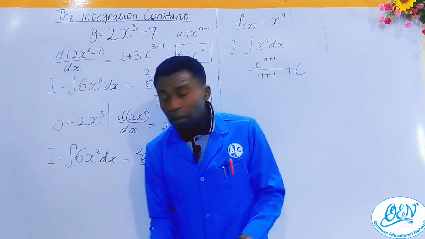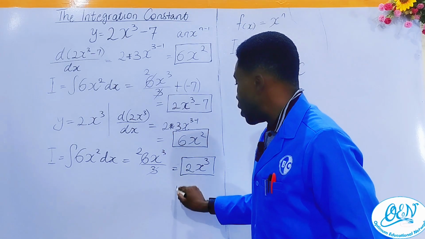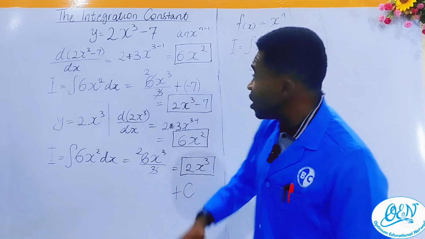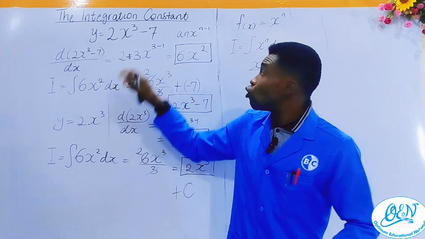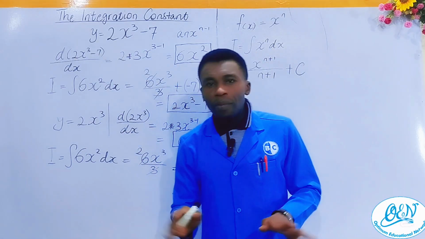So to avoid any problem, we simply add a c, in recognition of whatever constant may have been in the original function that we do not know about.